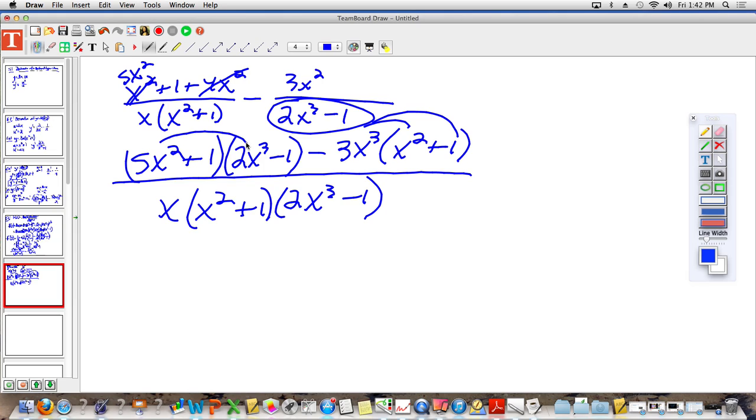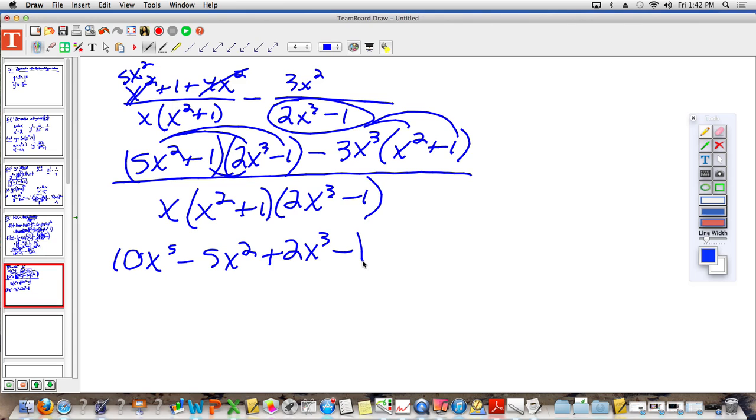5x squared times 2x cubed, that's 10x to the 5th power. And then we have a 5x squared times a negative 1, that's a negative 5x squared. Then we have 1 times 2x cubed, which is 2x cubed, and we have 1 times negative 1, which is negative 1.